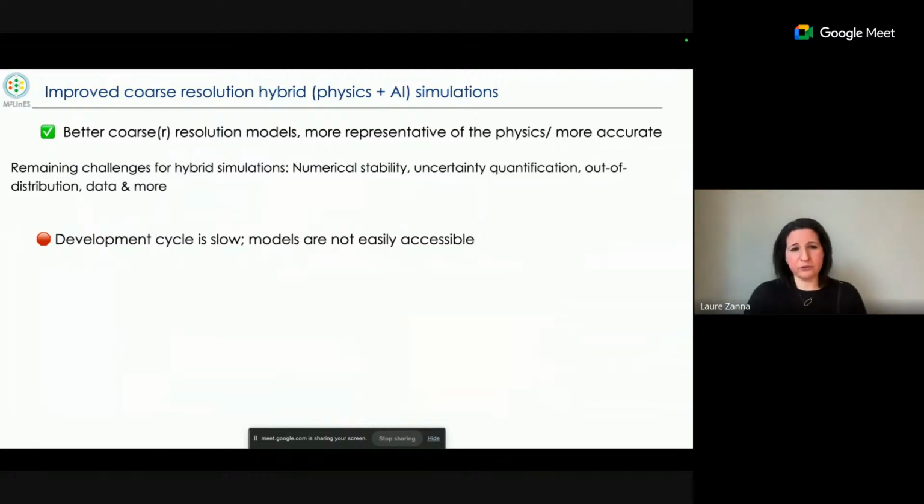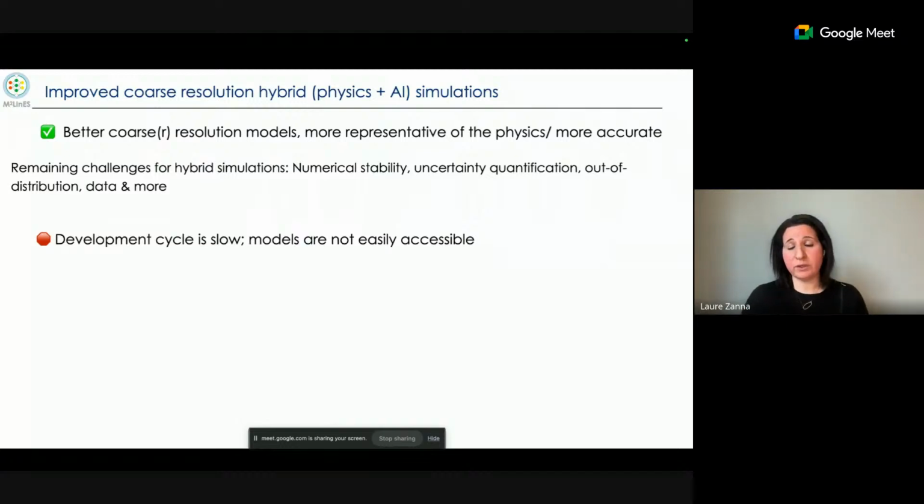But of course, there are many challenges that remain for this type of hybrid simulation. Numerical stability, as one of the questions came up. Sometimes we are lucky when we plug those neural networks into the model itself, and the model remains stable. Sometimes we are unlucky. But that's also true if you have physics-based parameterizations, by the way.